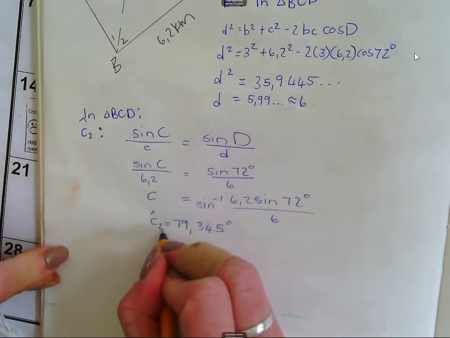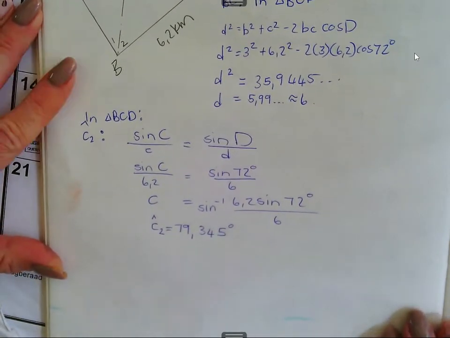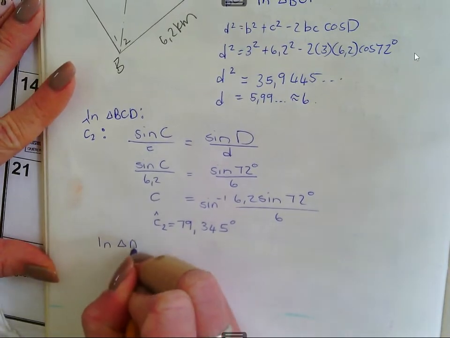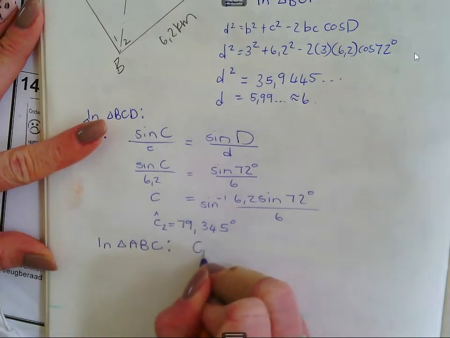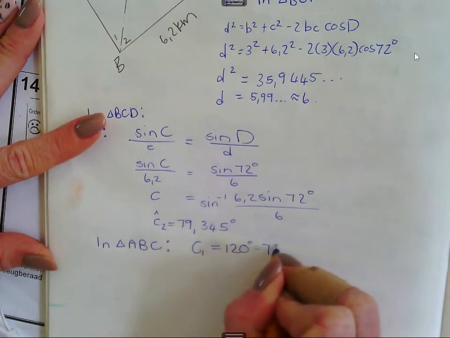This is now C2. So now I can go into triangle ABC, where C1 is going to be equal to 120 degrees minus 79.